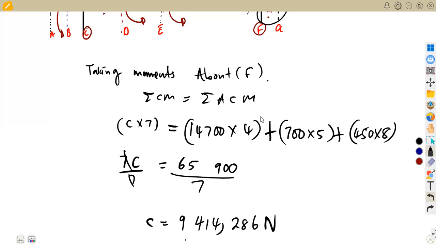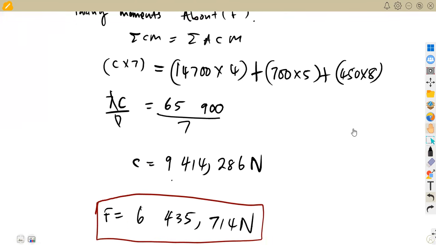So what is important there is that you work out separately. Okay, work out separately, understand your question, understand how the question is given.